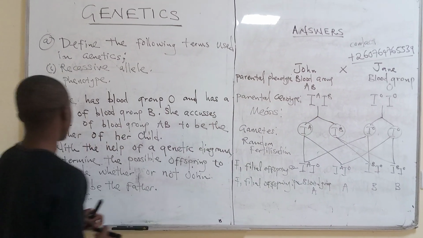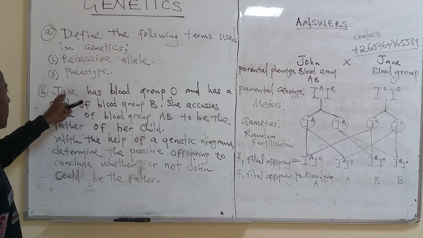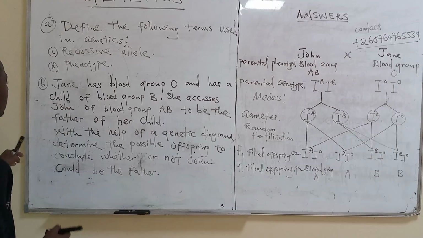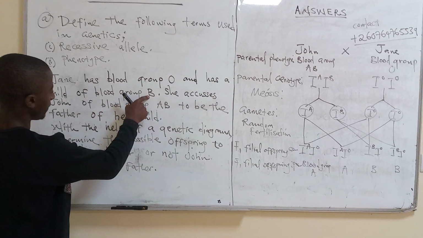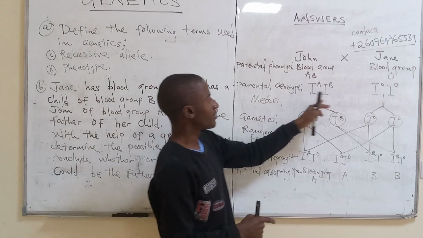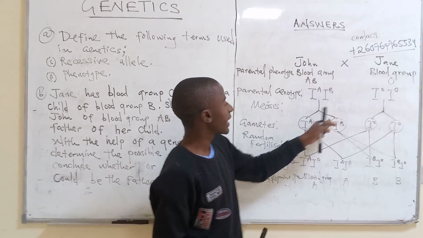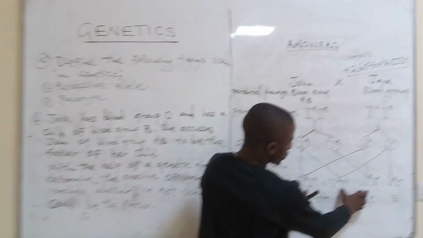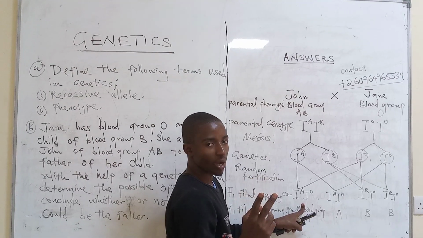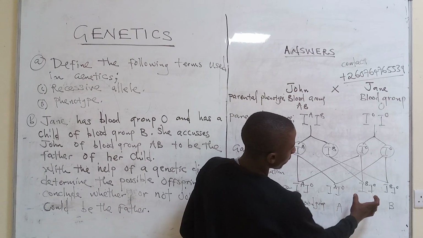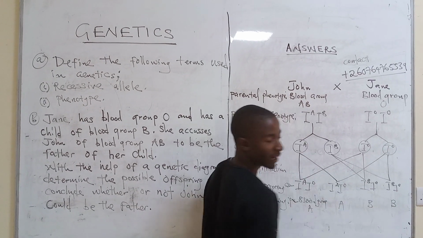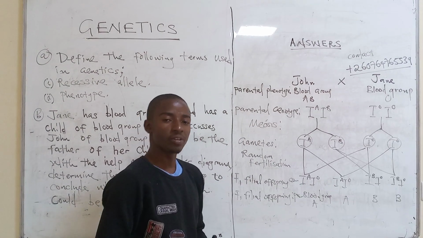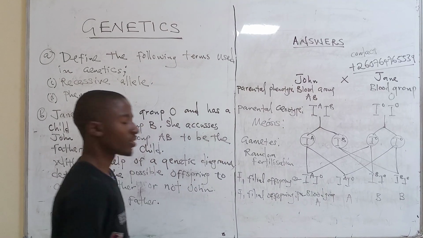Now the question they are saying, Jane accused John, and the child has blood group B. Now, after we have done our genetical diagram, we have seen that in the offspring that they produced, they had two offspring that are blood group B. This simply means that John was the father of the child.